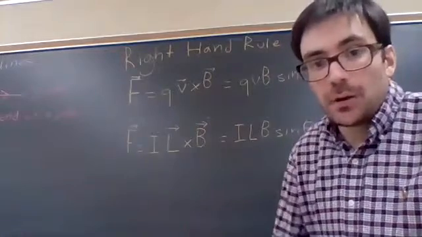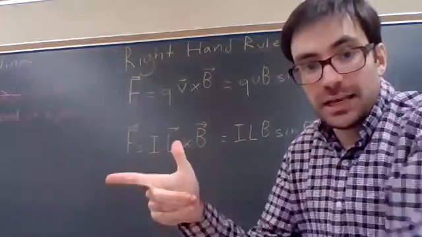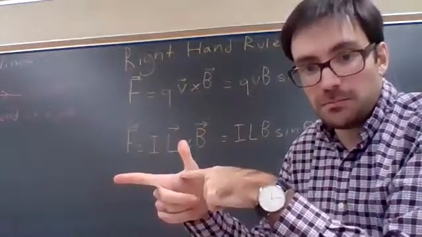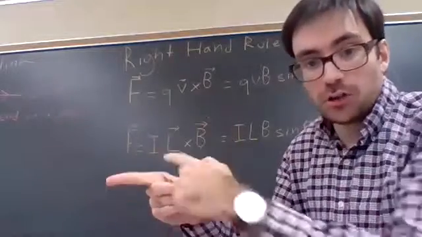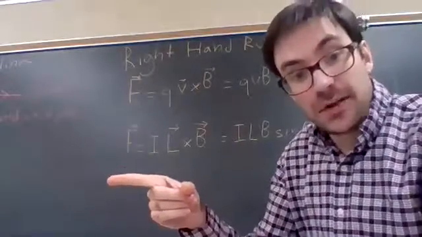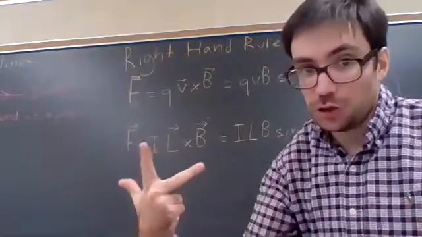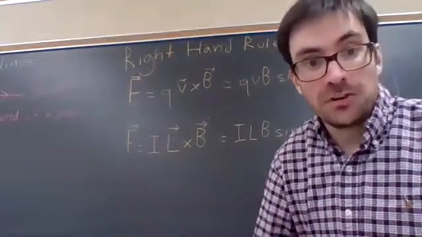You could even say a negative charge moving in this direction is effectively a positive charge moving in the other direction. So you can still use your right-hand rule. You just have to flip the direction of your finger.